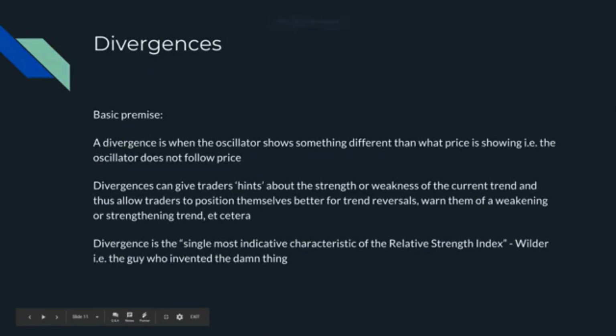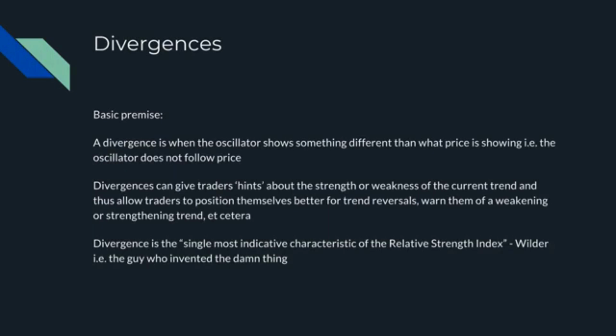So I think this is the most powerful tool you can have in your RSI arsenal, and that is divergences. The basic idea of a divergence you can figure out from just the English word: it's where the oscillator shows you something different than what price is showing. So it diverges from the price action.